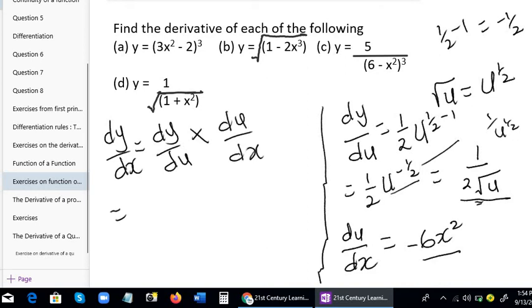So I'll have dy/du, which is 1 over 2 root u, times du/dx, which will give me minus 6x squared. Okay, so this is over 1. These 2 can cancel, go into minus 6, and I'll have minus 3.